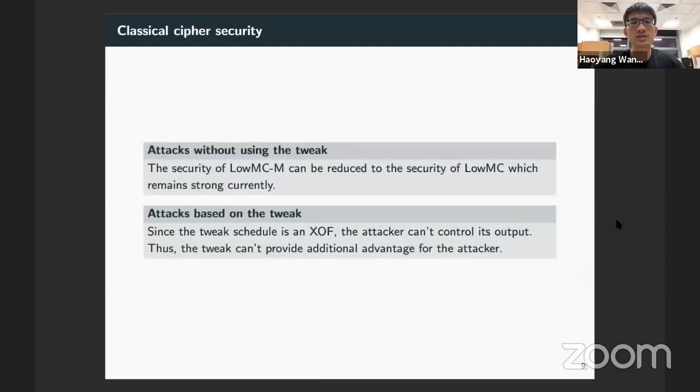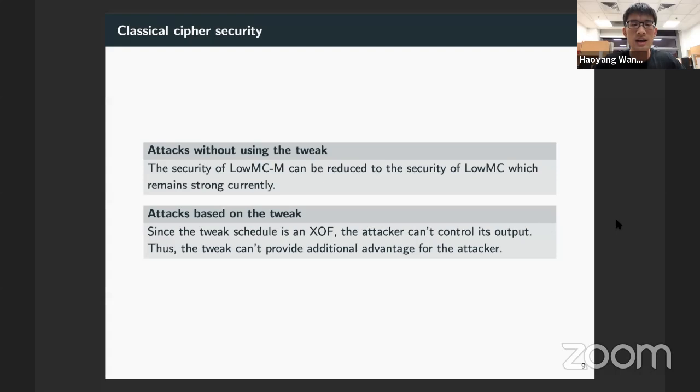For classical cipher security, we discuss it in two aspects. For attacks without using the tweak, we showed that the security of LOMCM can be reduced to the security of LOMC. And currently, LOMC is very secure, so our cipher is secure. Then we also consider the attacks based on the tweak, because the tweak input will provide additional degrees of freedom for attack possibility.